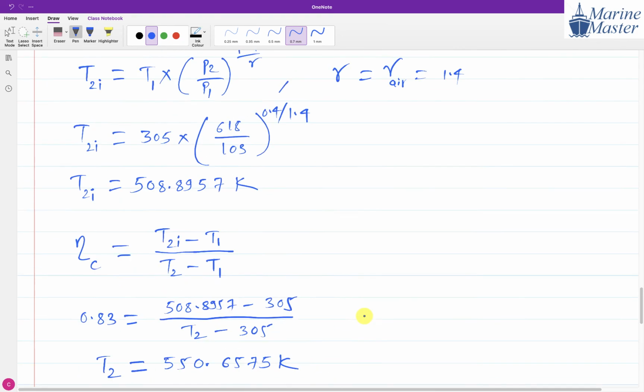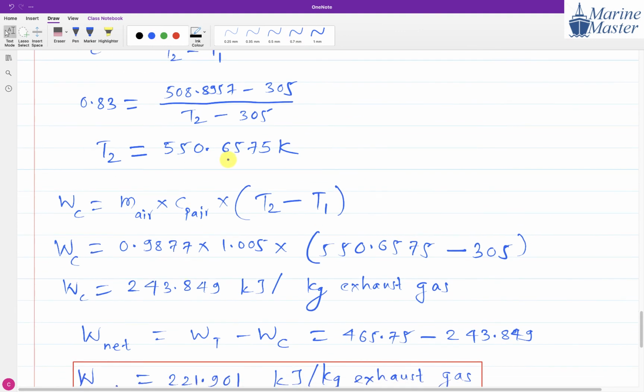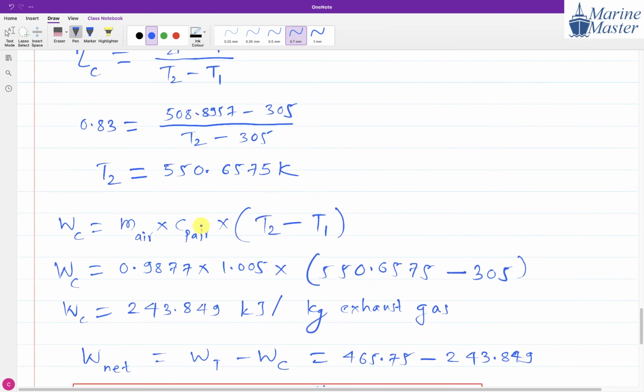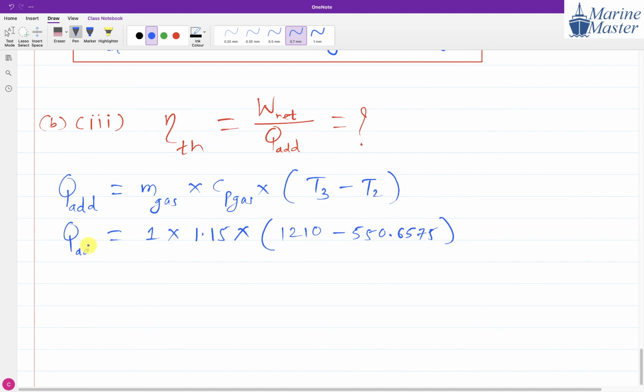T2, how much did we calculate? Here we calculated T2 as 550.6575. Check it. 1210 and 550.6575.